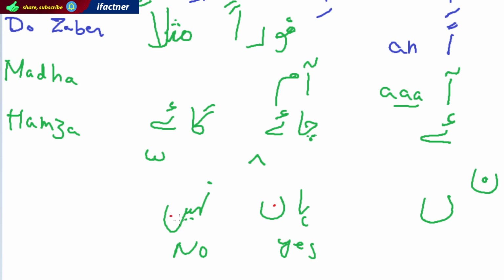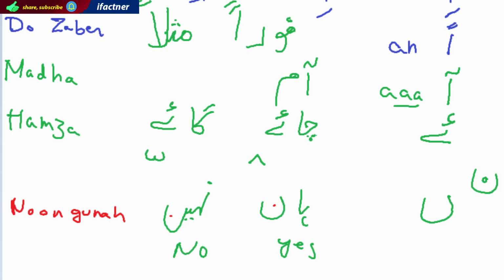And if I use a noon instead of noona here, then it's nahin. So we don't say nahin, but instead we say nahin. And this is, let me write it down, noon ghunna. We say it as noon ghunna.